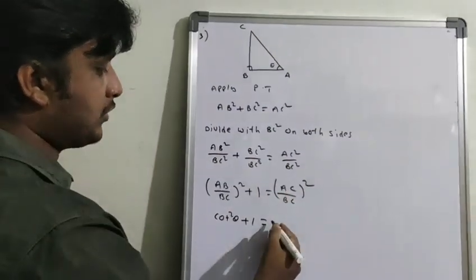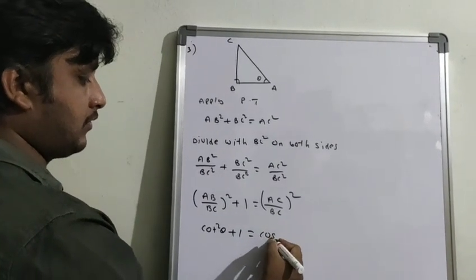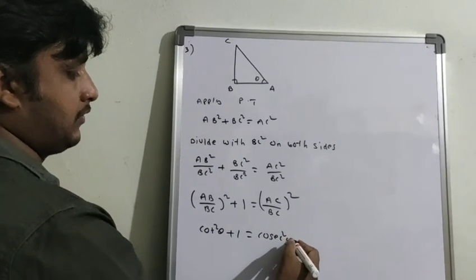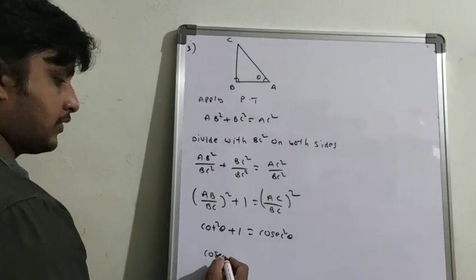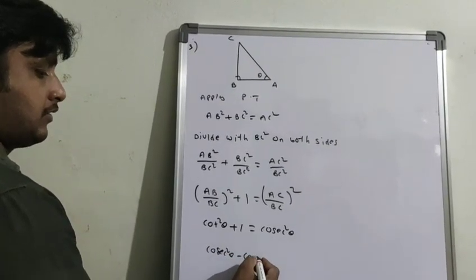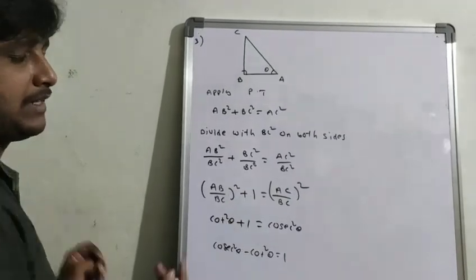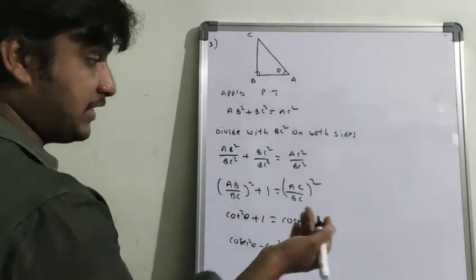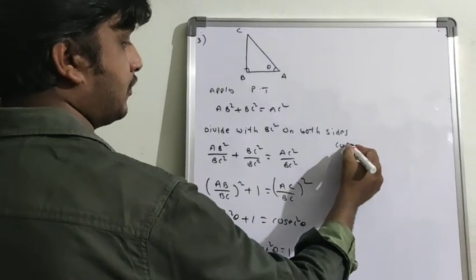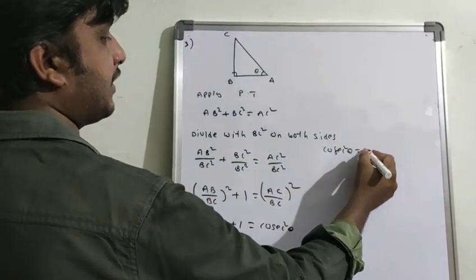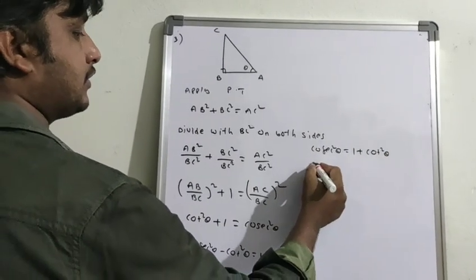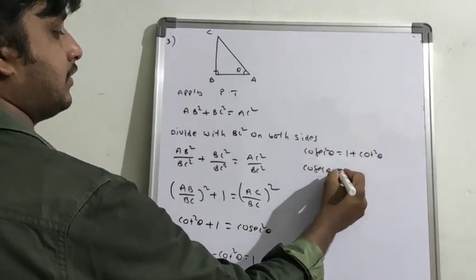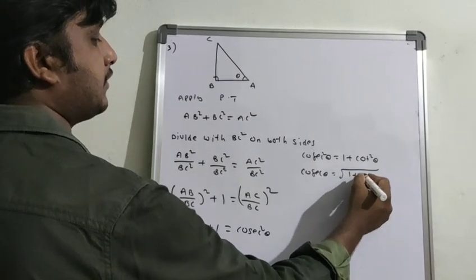AC by BC is cosecant, so cosecant square theta. So from this you can write cosecant square theta minus cot square theta equal to 1. Okay. So from this we can write others. So cosecant square theta is equal to 1 plus cot square theta. Similarly, cosecant theta equal to under root of 1 plus cot square theta.